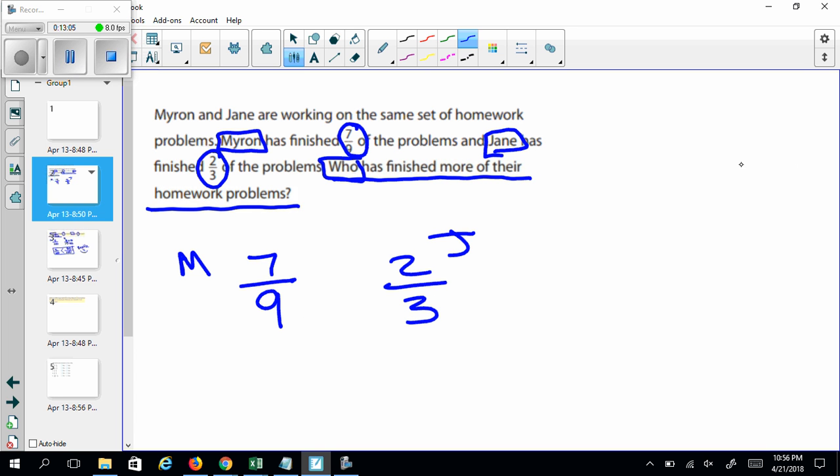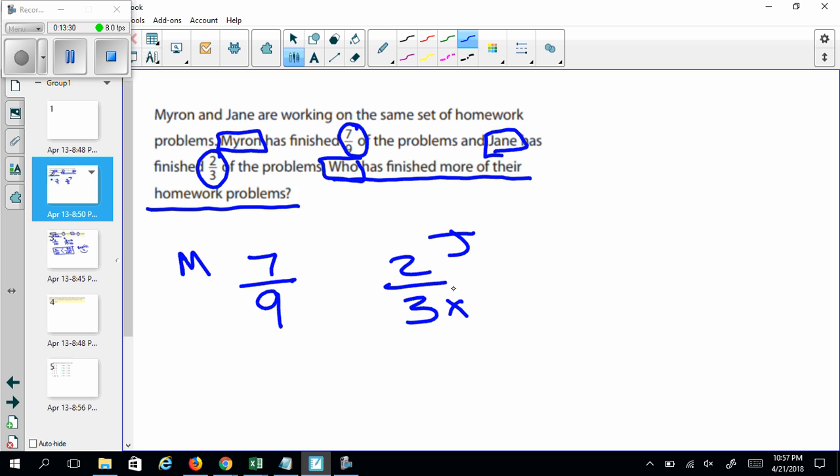I can also draw it out as a model, but again, that's not as reliable as using your equivalent fractions. Now, I cannot divide 9 to get to 3, and 7 divided by 3 is what I would need. Can't do that evenly. So I must multiply to get to 9.